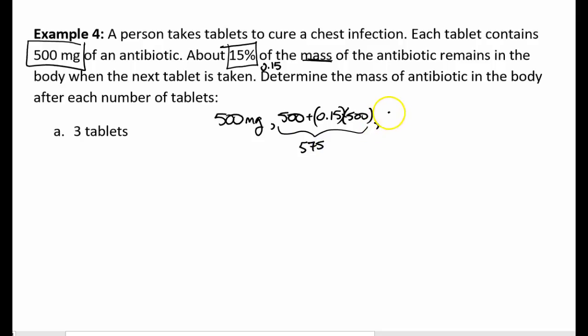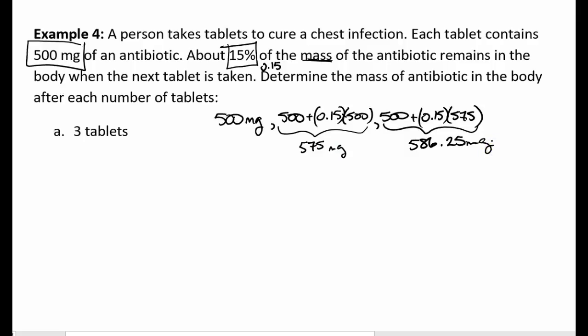When I go to take my next tablet, I'm going to take 500 plus, I have 15% of all of this antibiotic left in me. So times 575. And that gets me 586.25 milligrams.